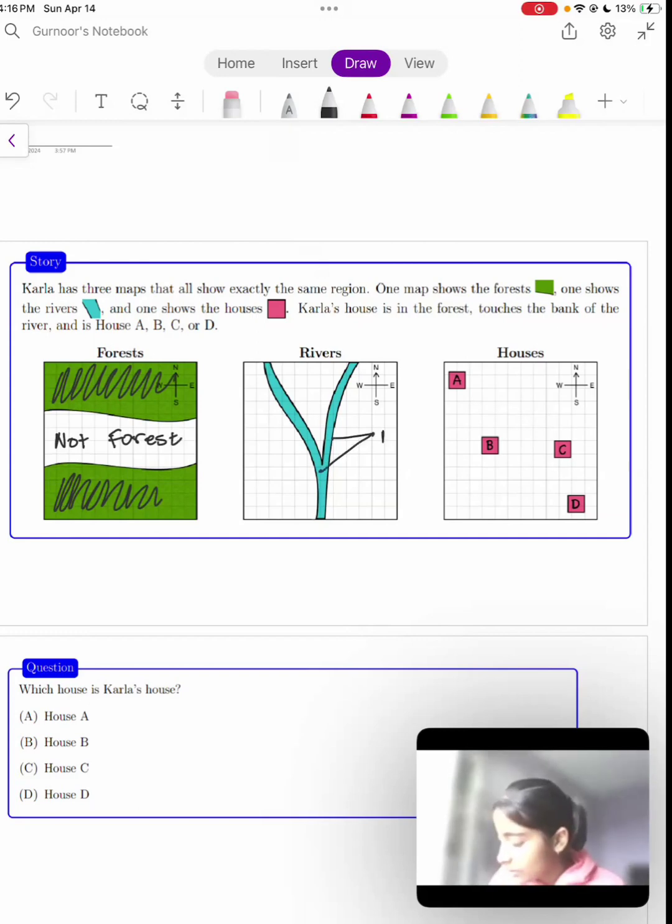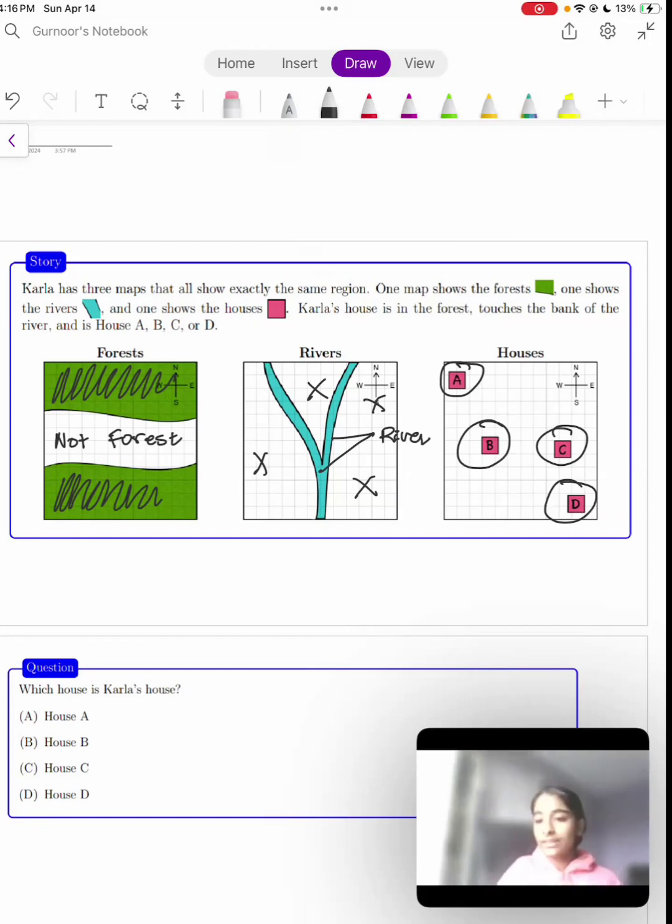And then this shows your river, and these areas don't have river. And then here we're given four houses from which Carla's house might be. We have A, B, C, and D.